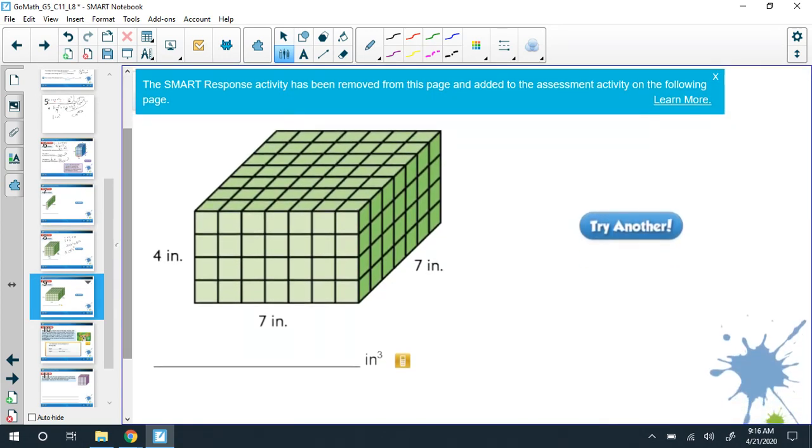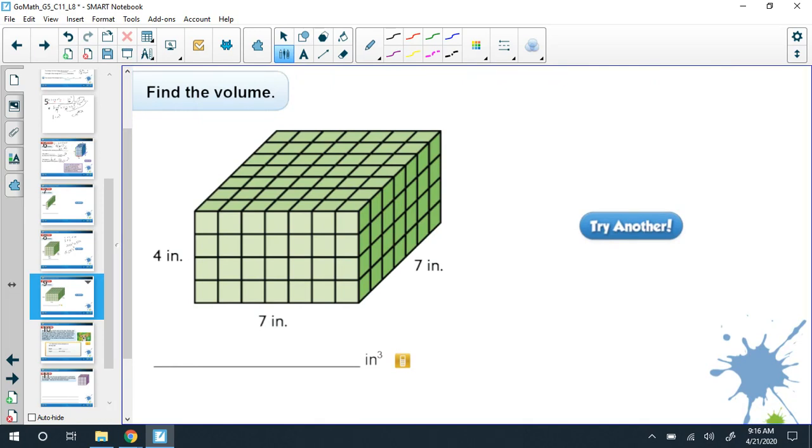All right, looking at another one here. Again, pause it, try to solve it, and come on back. So volume is length times width times height. My length and my width, my base, is 7 times 7, which gives me 49. So that's the area of my base, and now I multiply that by my height.